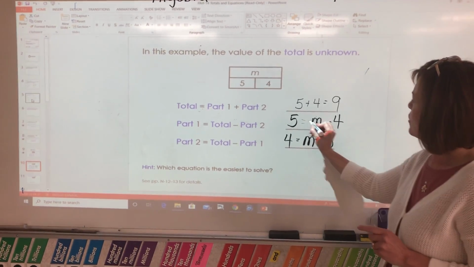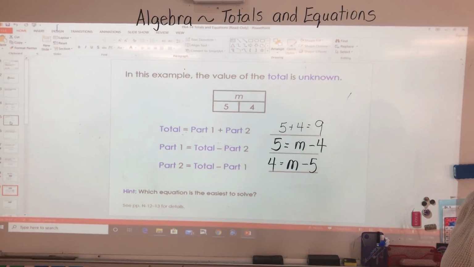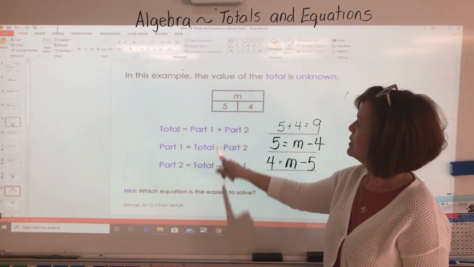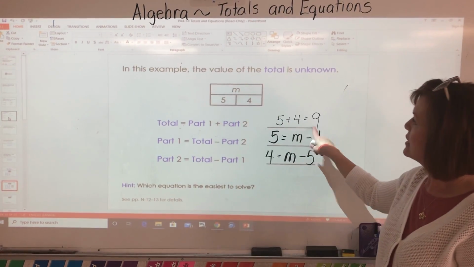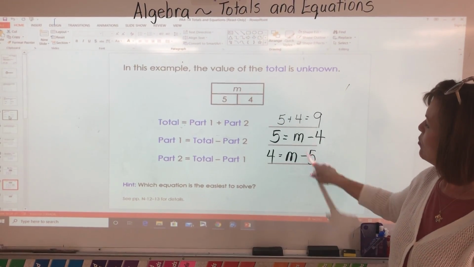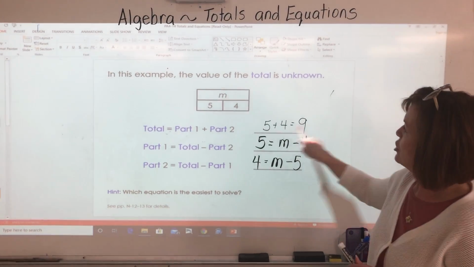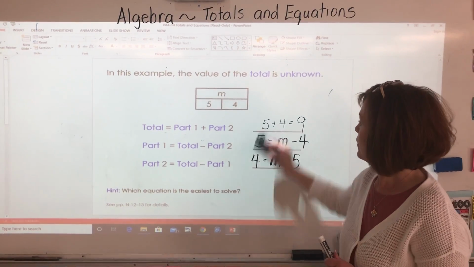When I look at those three equations, the one that I can solve the fastest and easiest is knowing that my total is part 1 plus part 2 added together to make my total, and I can solve that right away. These other ones I would find a little too tricky. I would use the strategy of adding both my small numbers to get my big number.